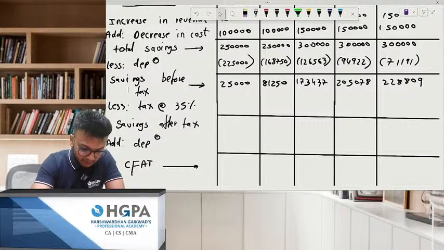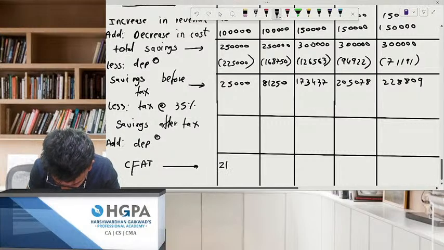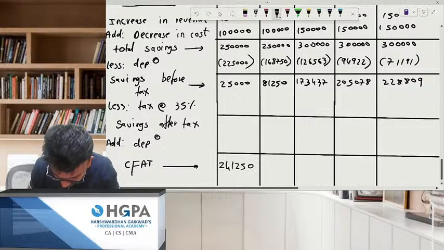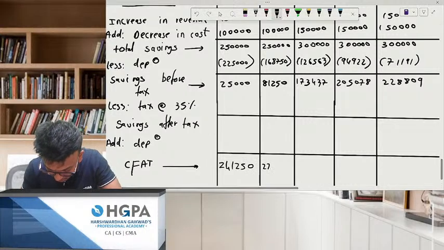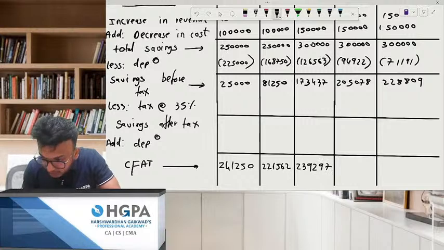25,000 minus 35% plus 2,25,000 is your answer. 2,41,250. Let me know whether you're getting this. Next you have 2,21,562. Next 2,39,297. Next 2,28,223.